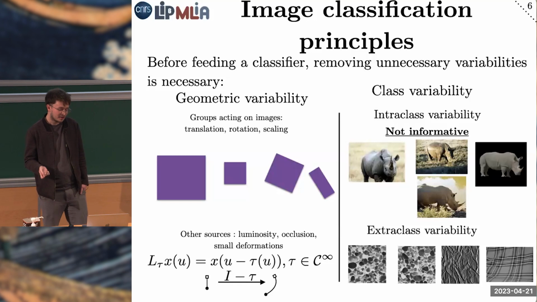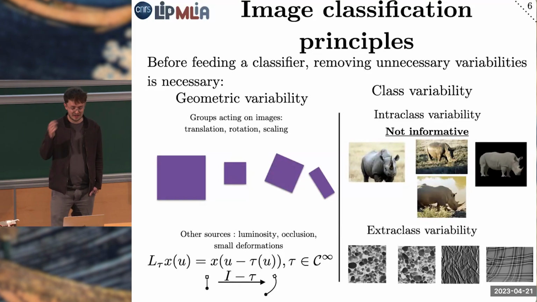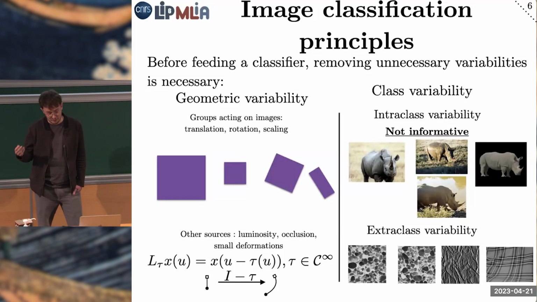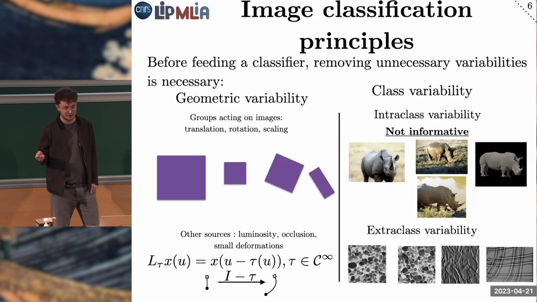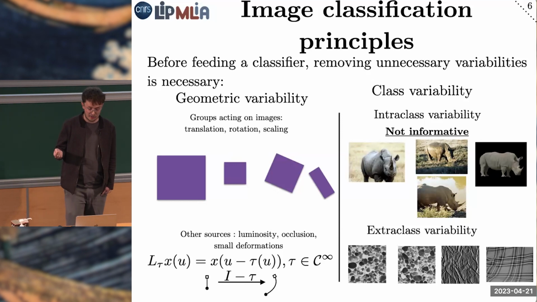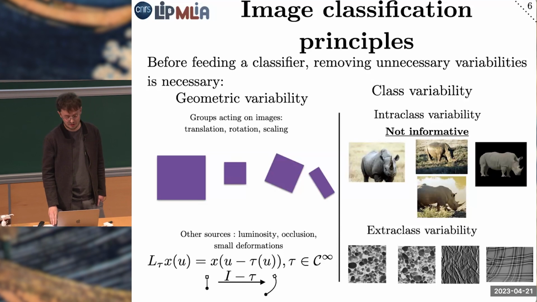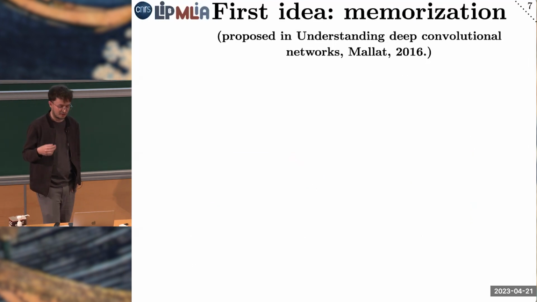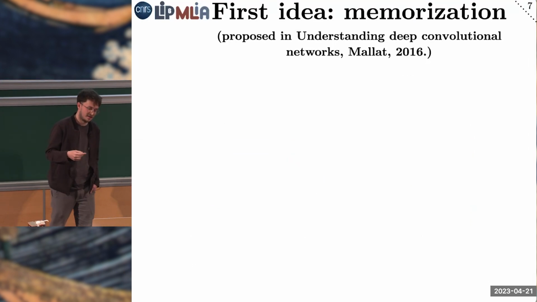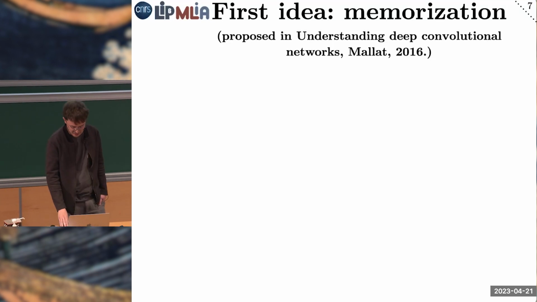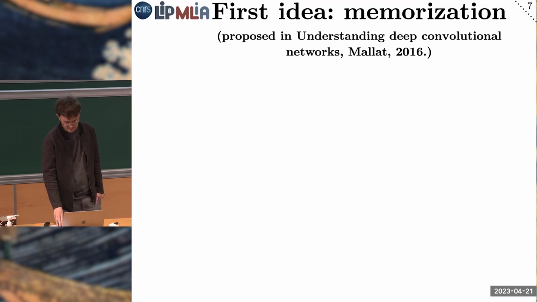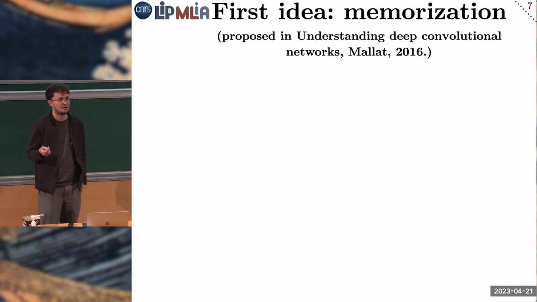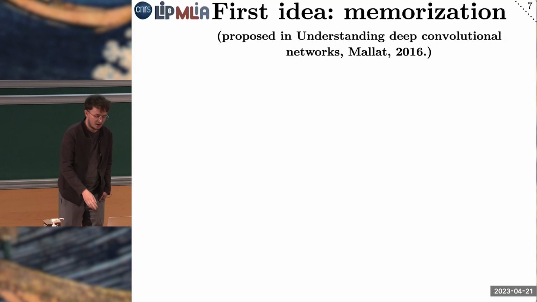And on the other hand, we had class variabilities, for which there was no clear model of how we could use them for image classification. There were two ideas that Stefan proposed and that we tried to incorporate as structures in our neural networks.